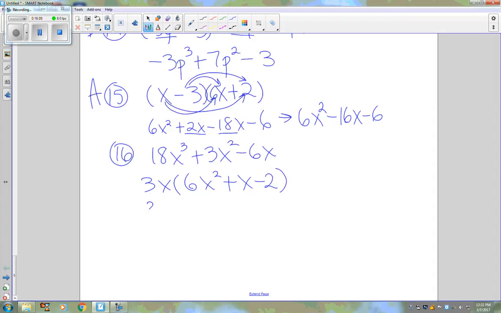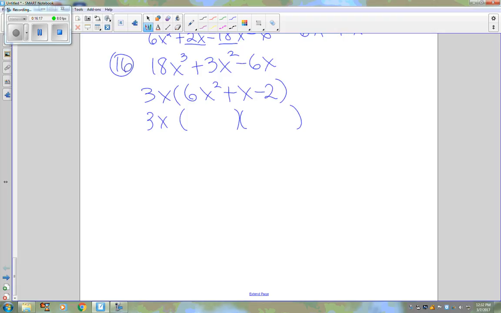And now factor this. Remember, you can always look at your choices and work backwards and multiply out your choices if you have time. 6 times negative 2 is negative 12. So I need two numbers that will multiply to give me negative 12 and add to give me positive 1. So that's going to be a 4 and negative 3. So your temporary factors are x plus 4 and x minus 3.